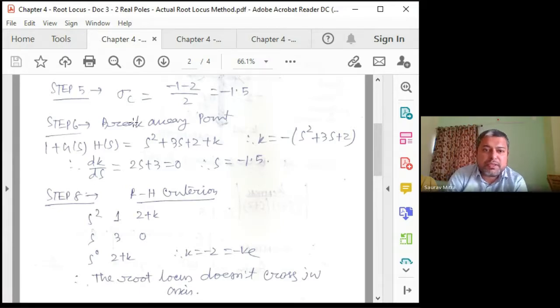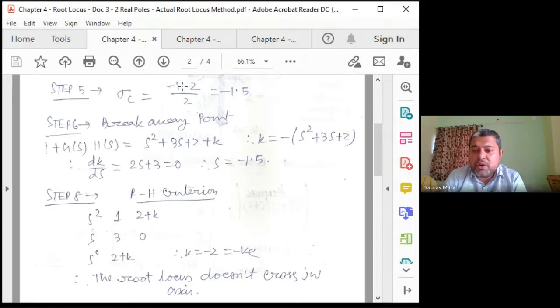I'll tell you this formula. In this case there are two poles, one at minus 1 and one at minus 2, so that's what I have done, minus 1, minus 2. So the summation of all the real parts of the poles, minus the summation of the real parts of all the zeros.